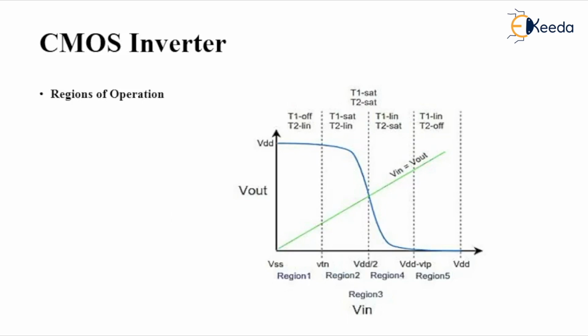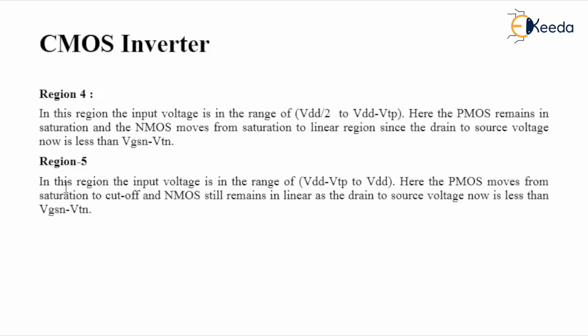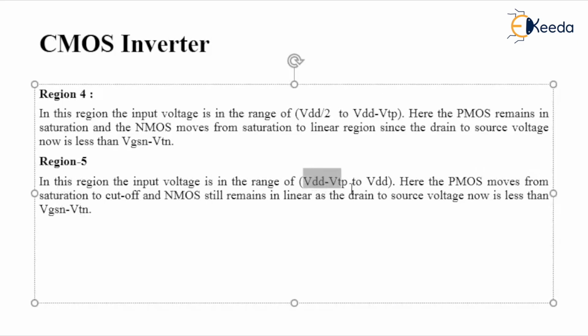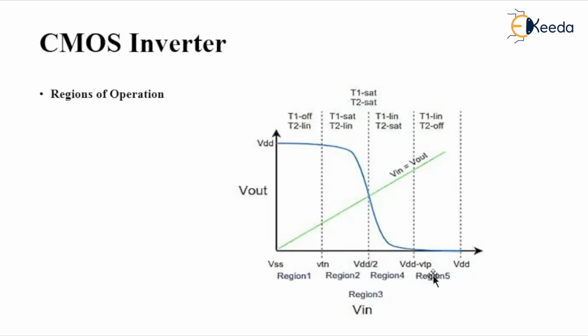Going to region number 5. This is all about the region between VDD minus VTP to VDD. This will be the reverse order of region 1. In region 1, T1 is off, T2 is linear. So it will be reversed in region number 5.